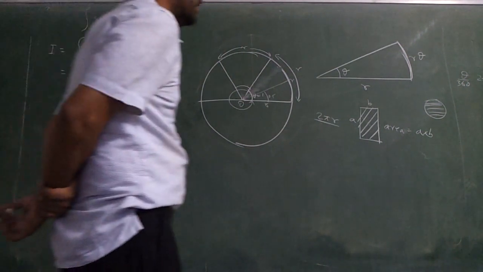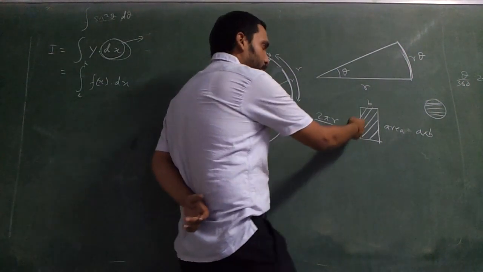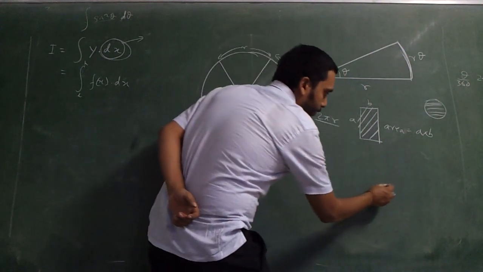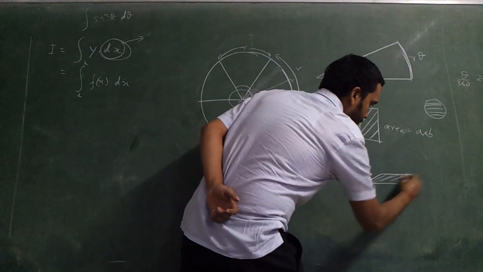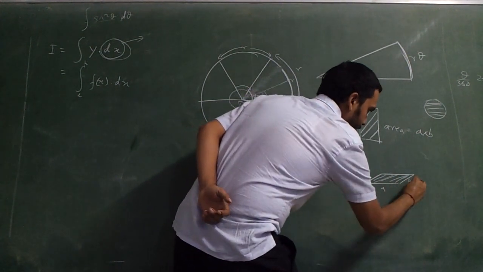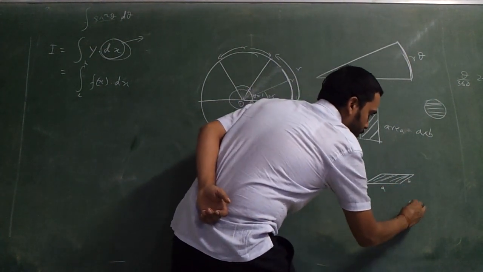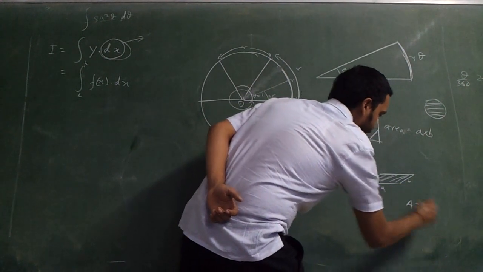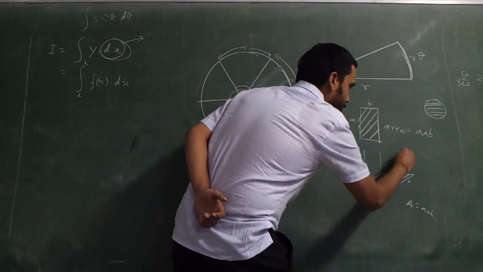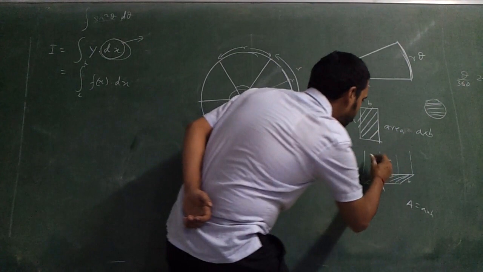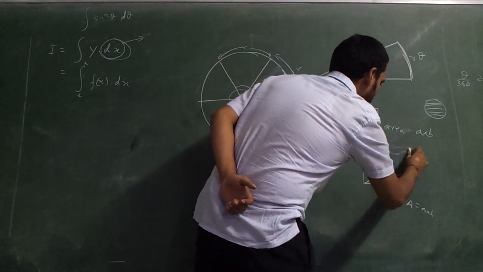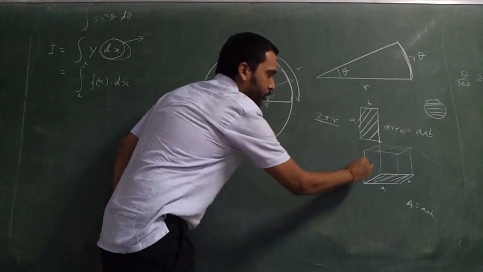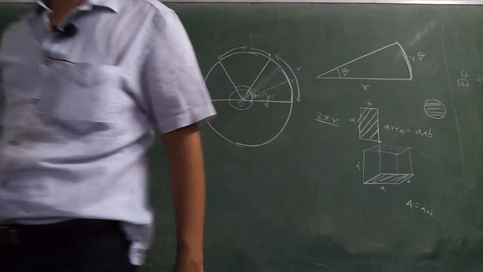So this will lead to, if I have a certain base area, A cross B is the base, so base area is A into B, and the height of the figure is H. What will be the volume of this figure? ABH.